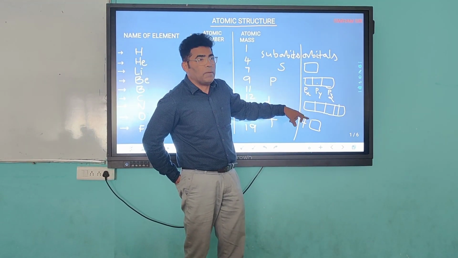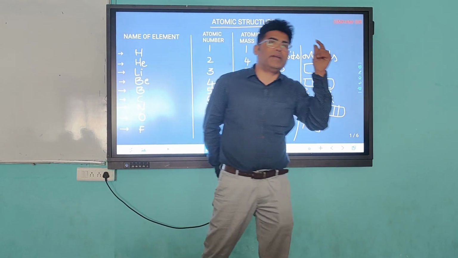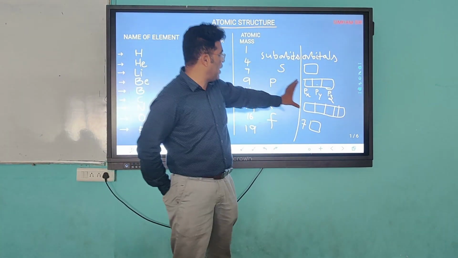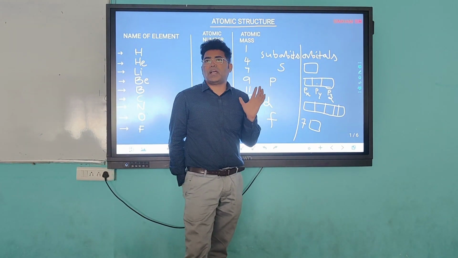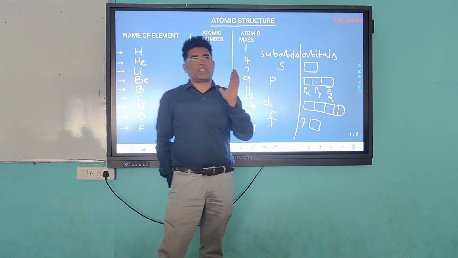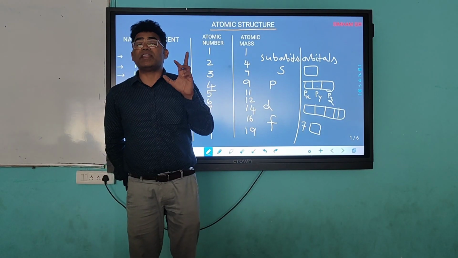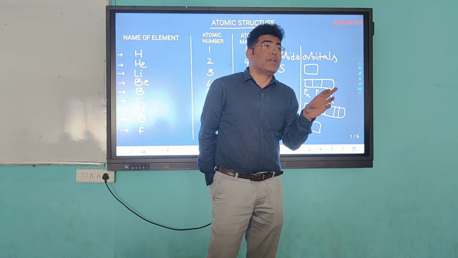In the beginning of the class, I asked you how many electrons are there in a p orbital. You answered 6. When is that answer 6 right?